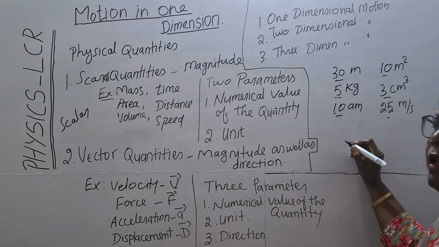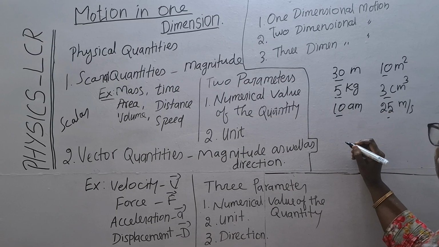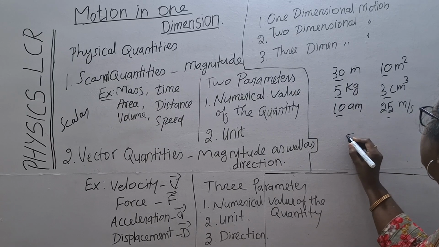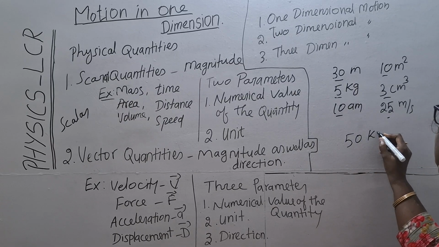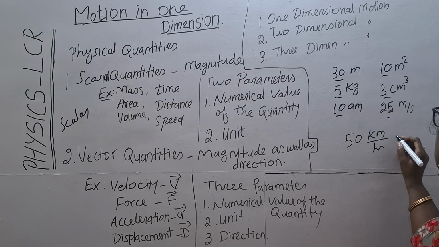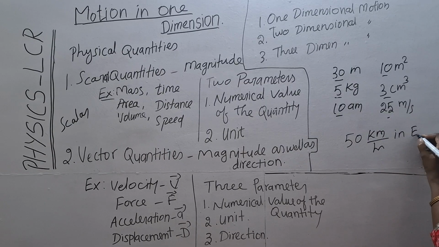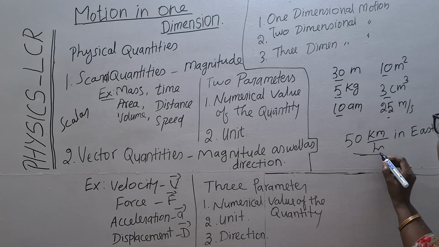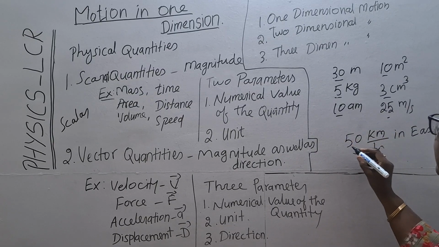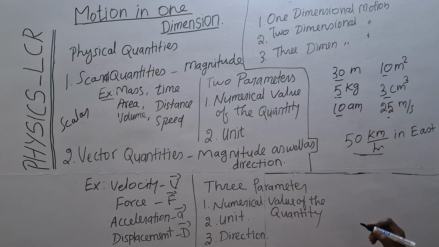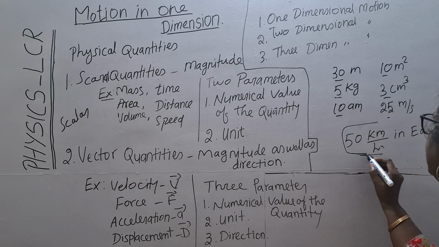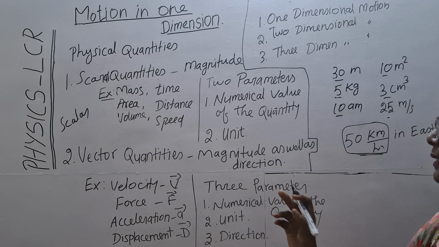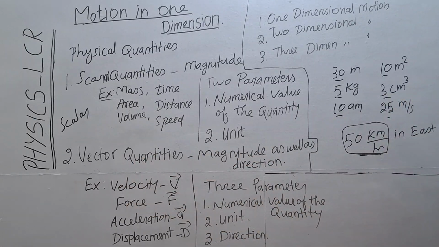Suppose you are riding a bike, and your bike is riding at a speed of 50 kilometer per hour in east, or in west. This is magnitude with direction, and magnitude with direction is known as a vector quantity.